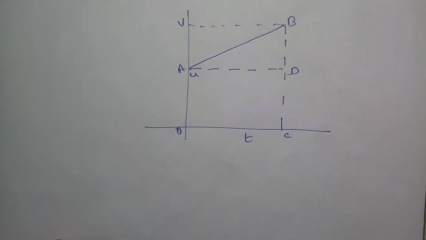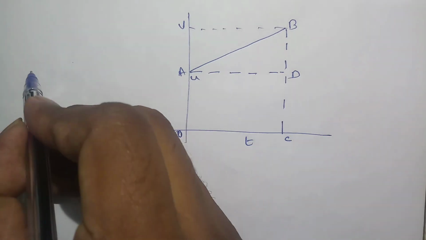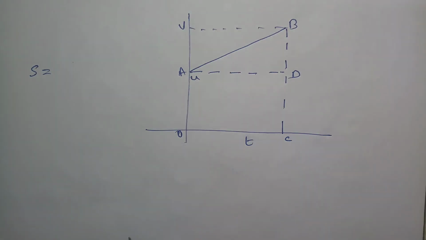Let us start. Now we will move to the next equation, that is the equation for position time relation, S is equal to ut plus half at square. How to derive that equation, that's what we are going to discuss now. So for that, what is S? S is displacement.